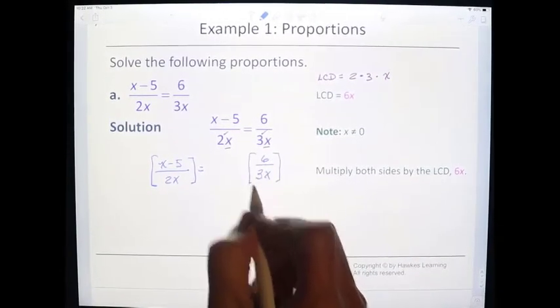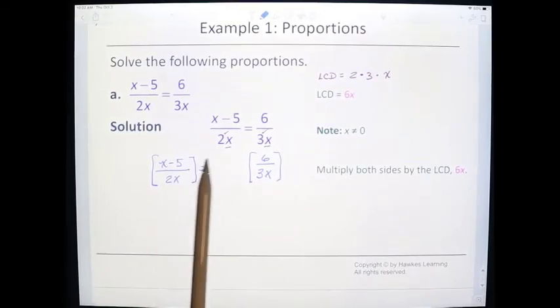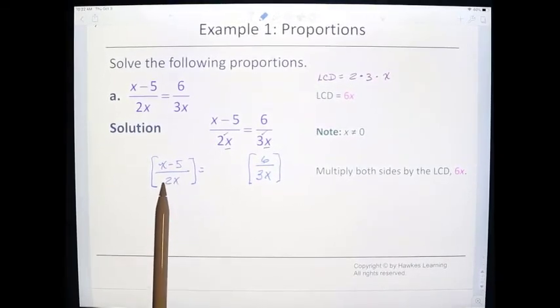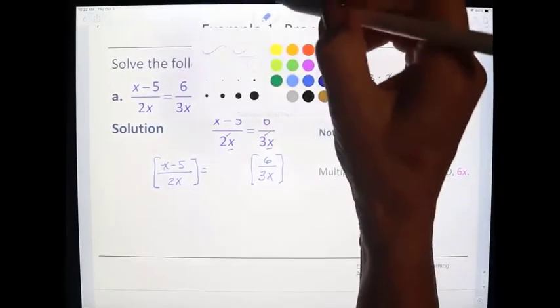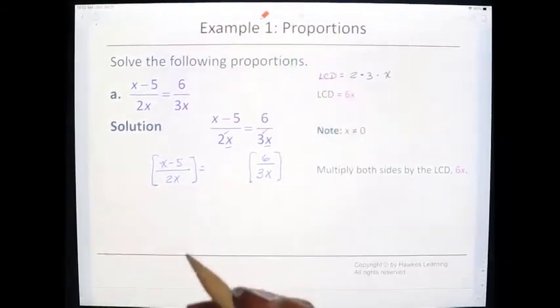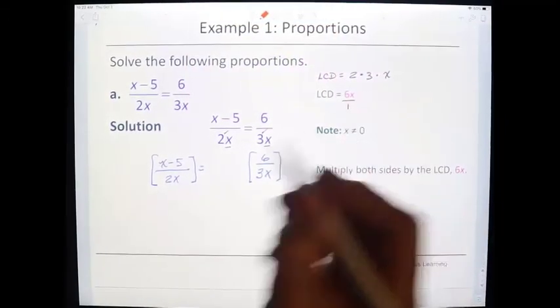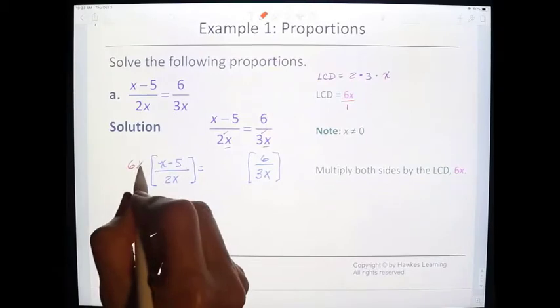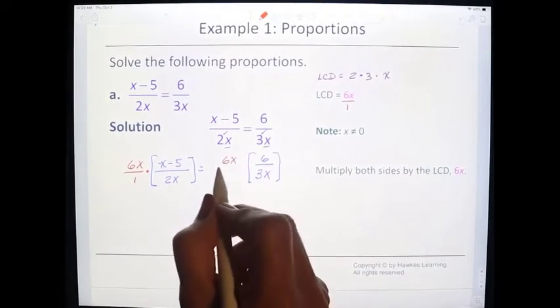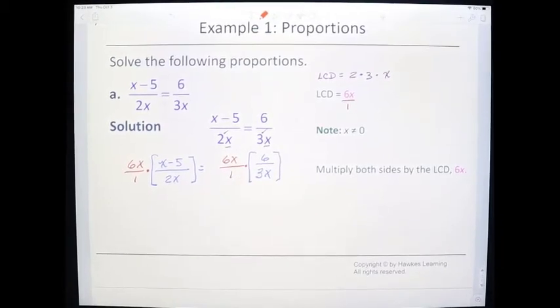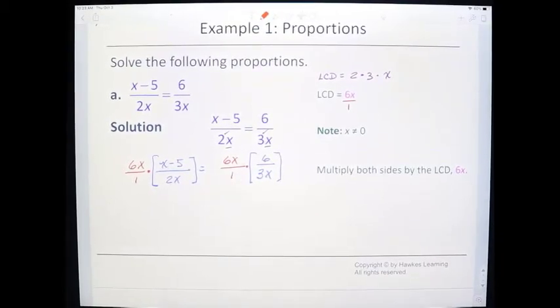Notice I've not done any work yet other than to copy down the first ratio, put it in a bracket, put down the equals mark, copy down the second ratio, put it in a bracket. And the reason I did that is the step that you want to proceed with is to take this LCD, think of it as sitting over the number 1, and use it as a multiplier in front of each of these ratios or each of these fractions.